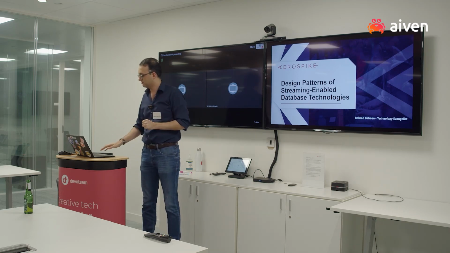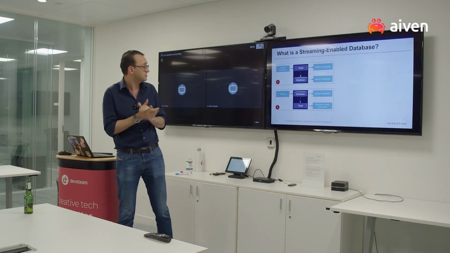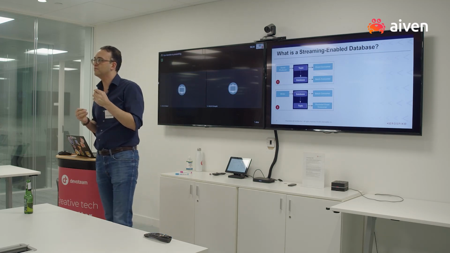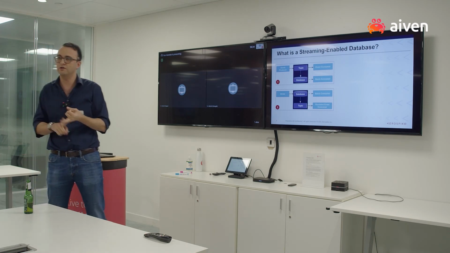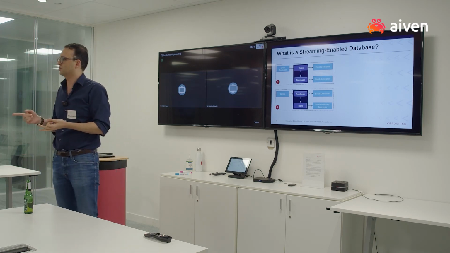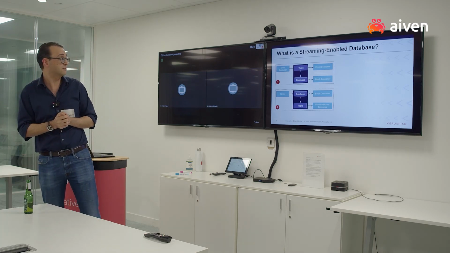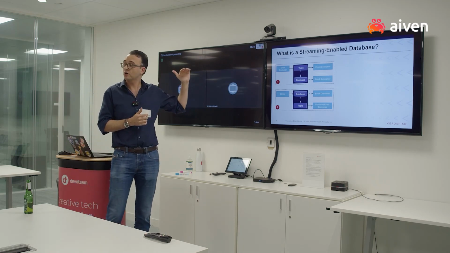So now about the streaming-enabled database technologies. Streaming-enabled database technologies are databases that can integrate deeply with messaging services, like Apache Kafka, like Apache Pulsar, like JMS, or other technologies that you might be familiar with. So these databases can either subscribe to a topic.